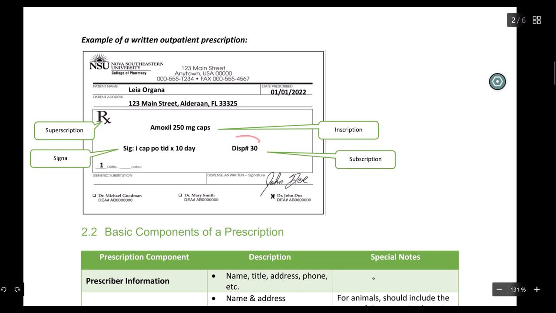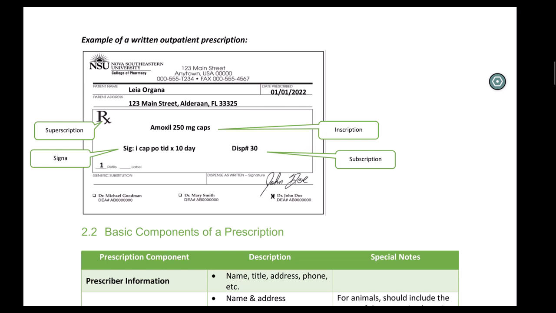This is why it's telling you to dispense 30. This direction of what to do or what to make or what to dispense is the subscription. Now, if the prescriber did not write this here, if they just put 1, 3 times a day for 10 days, you should be able to do the calculation and know that there are 30 capsules that need to be dispensed.